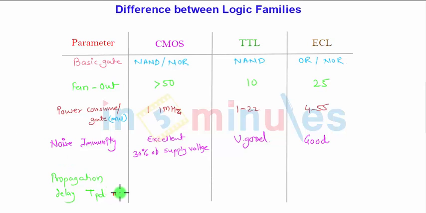Propagation delay for CMOS varies on a very large scale: it may take 1 nanosecond to 200 nanoseconds, whereas TTL takes only 1.5 to 33 nanoseconds. And as far as ECL, the emitter coupled logic, is concerned, according to me it is excellent on the basis of propagation delay, because it gives only 1 to 4 nanoseconds of delay. A lower propagation delay is very advantageous.